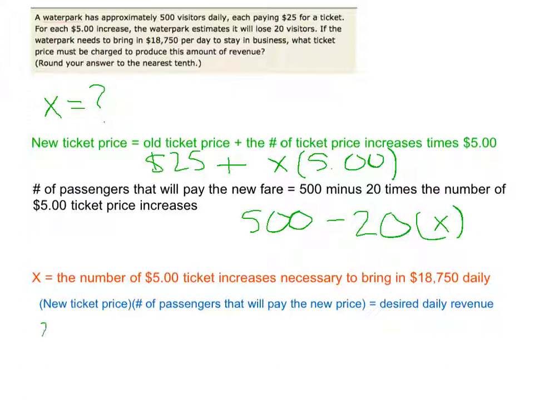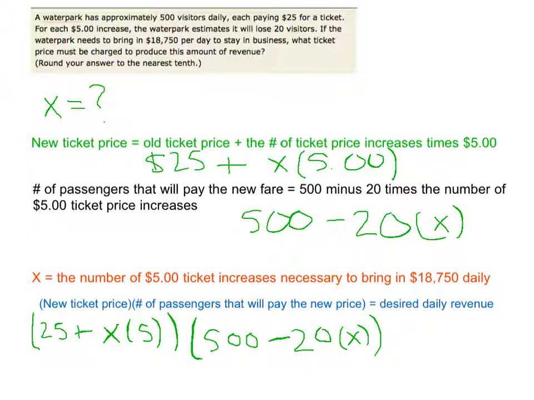This means that 25 plus x times $5, that whole quantity, times 500 minus 20 times x should equal $18,750.